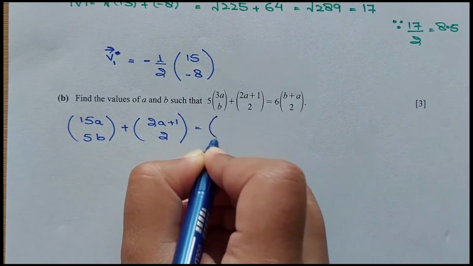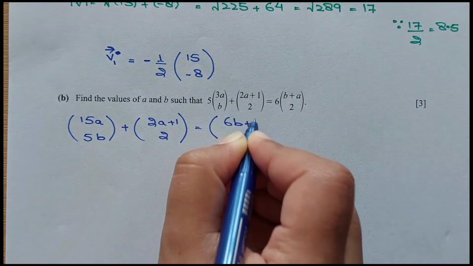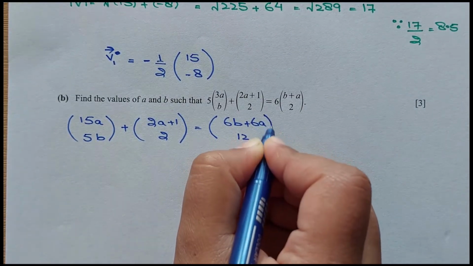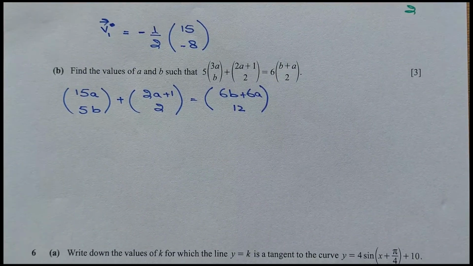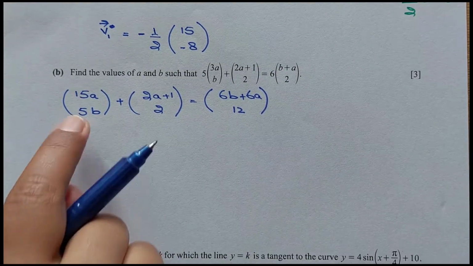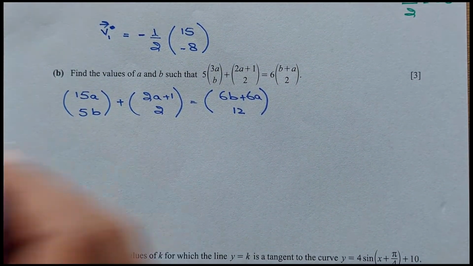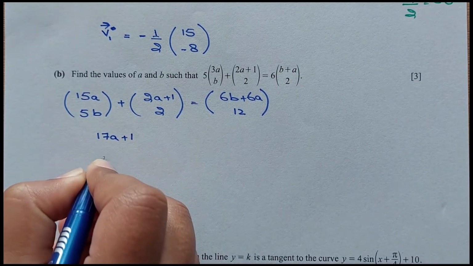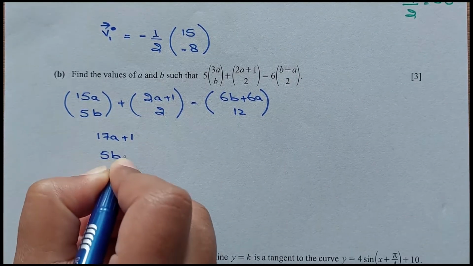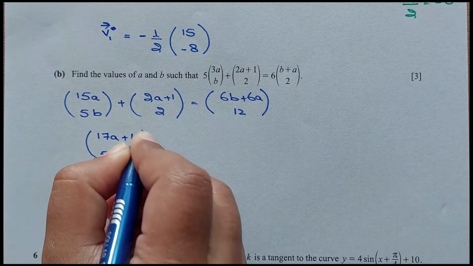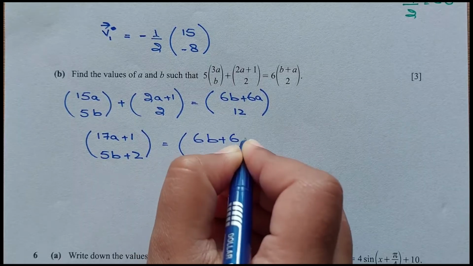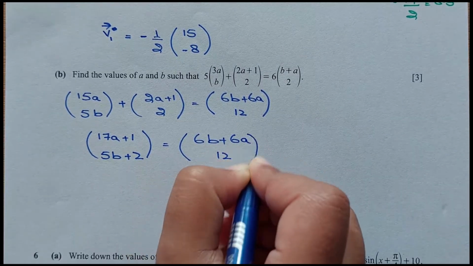This equals 6b plus 6a, and 2 times 6 is 12. Let me first add: 15 plus 2 is 17. 17a plus 1 and 5b plus 2, and this equals 6b plus 6a and 12.